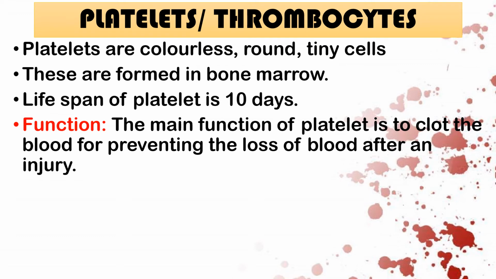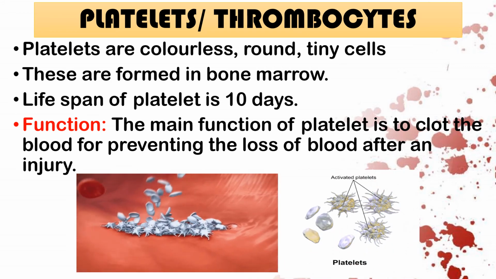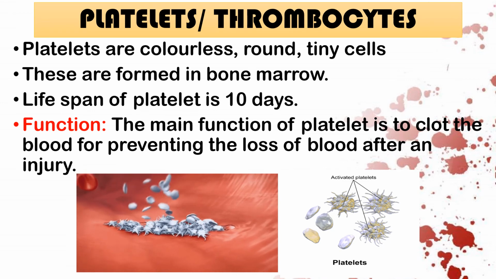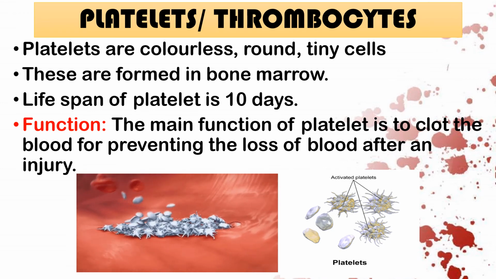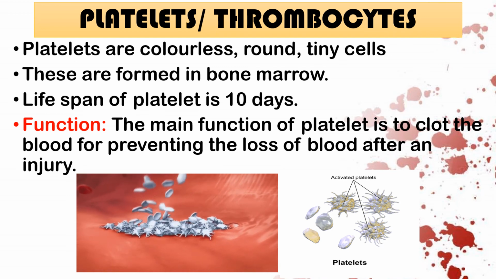It means if we get an injury, due to the clotting of blood, the blood loss will be prevented. Here you can see the platelets cover the injured place by clotting of blood, and the loss of blood will be prevented.